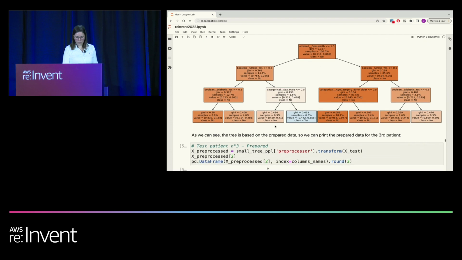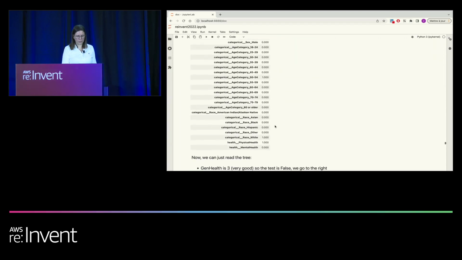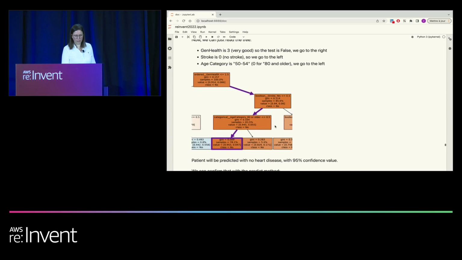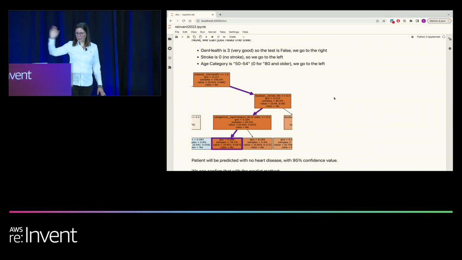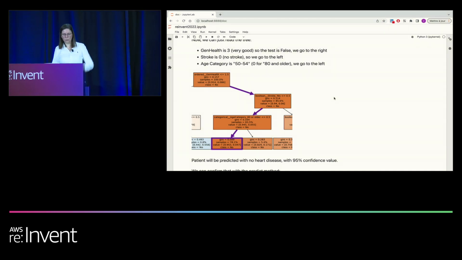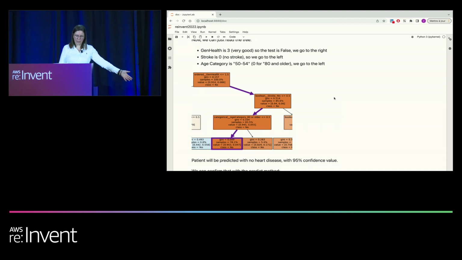I will go from the root node. The general health is very good, so I will go to the right. Then the person has no stroke, so I will go to the left. And then it is someone who is 54 years old, so I will go to the left. And I found the leaf, which says that the class is no. I will say that this person has no heart disease, okay?